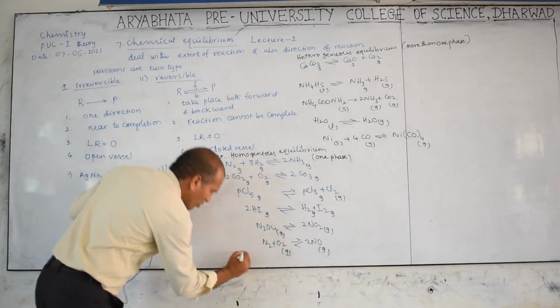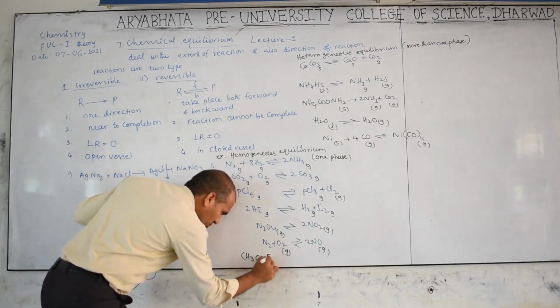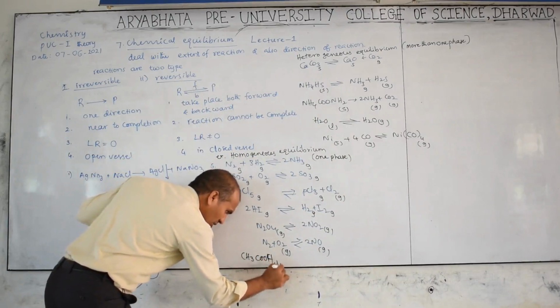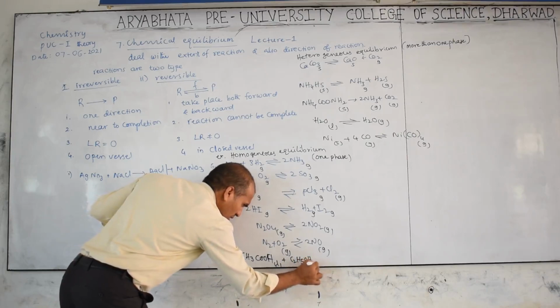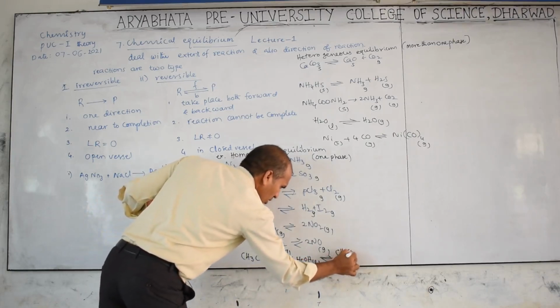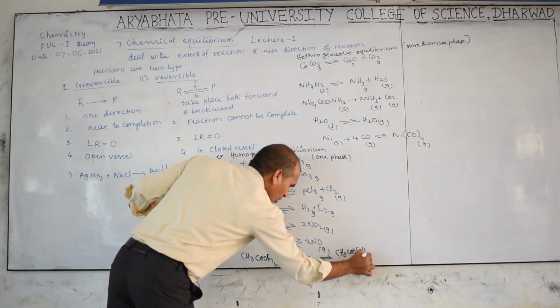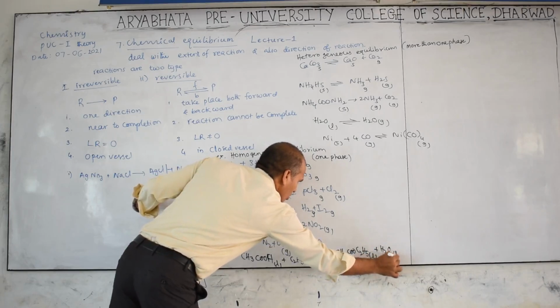One more example: CH3COOH, this is liquid. Another one is C2H5OH, that is also liquid, gives rise to CH3COOC2H5, that is also liquid, plus H2O, that is also liquid.